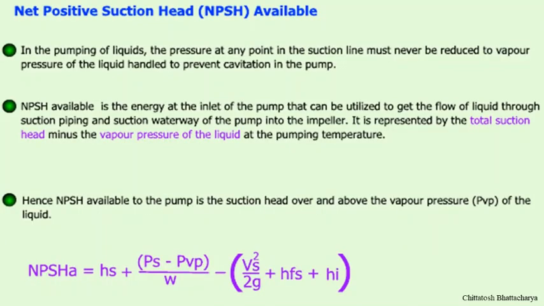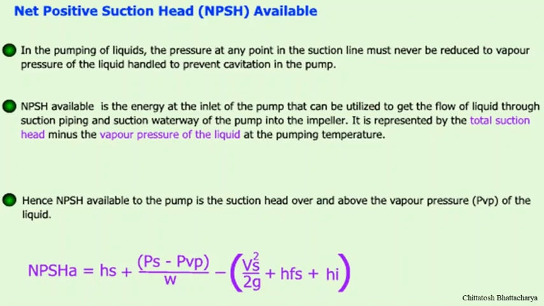It can also be represented by an equation. At no point should the pressure of the liquid in the suction line be reduced to the vapor pressure of the liquid, so that there is no chance of cavitation in the pump due to absence of liquid.